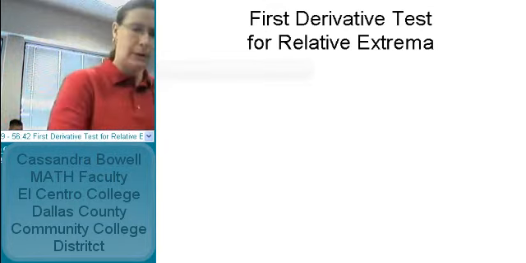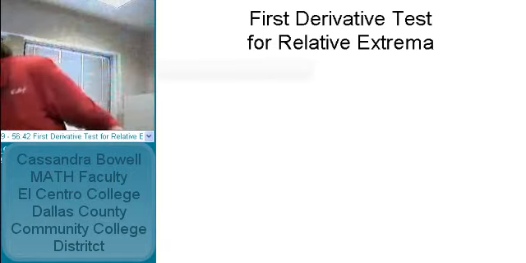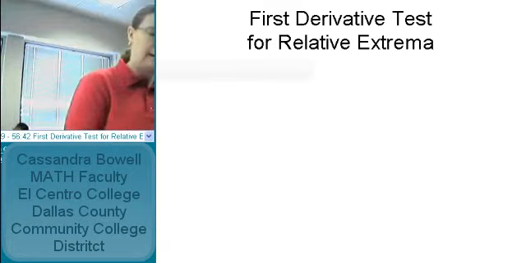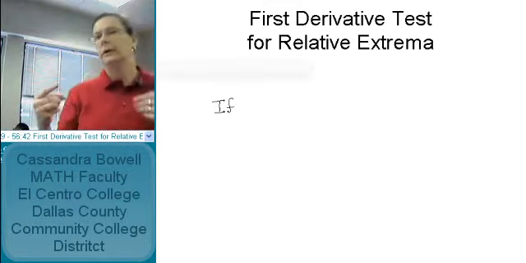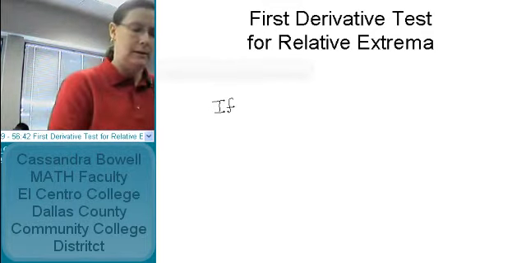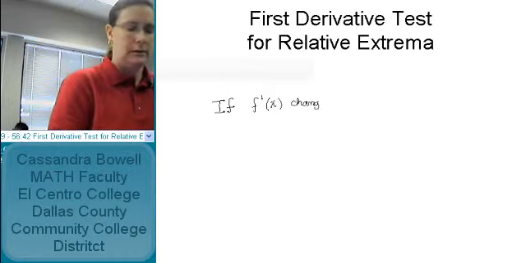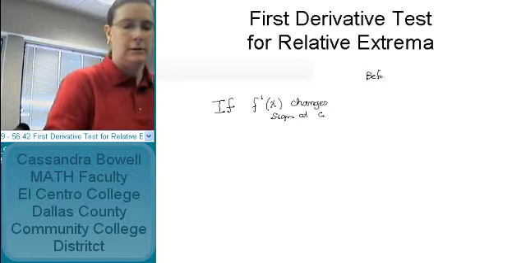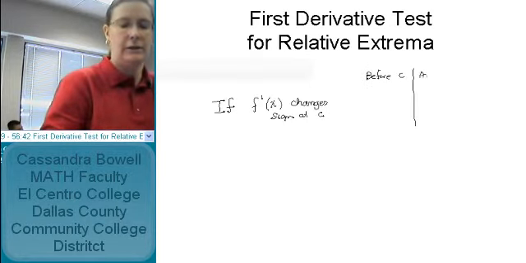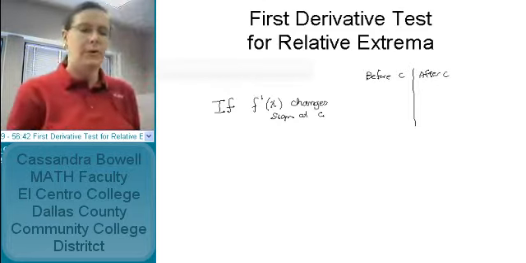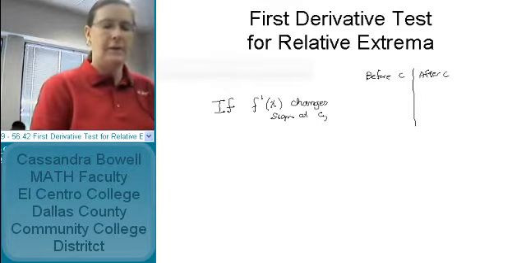All right. So here's what they say in the blue box. I didn't have a chance to type it, so here's how I would kind of condense that. If f prime of x, the first derivative, changes sign at c, in the little neighborhood of c, right before c and right after c.